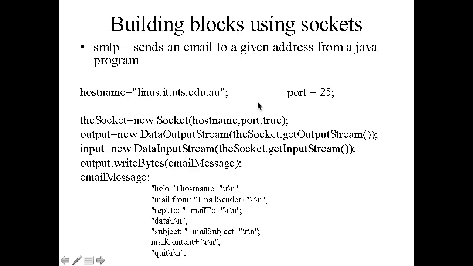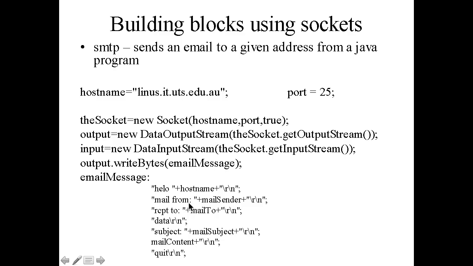And here's someone who's trying to use port 25, which is probably for doing mail from some host. And we're going to create a socket. We'll create a data output stream for the socket and a data input stream from the socket. We'll write some email message to the output stream, and the email message is going to have SMTP protocol, which is hello, the host name, and a carriage return.